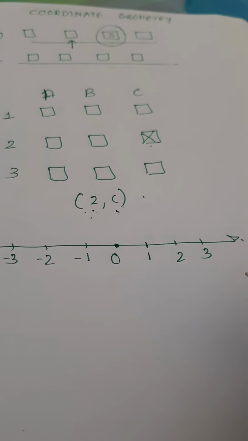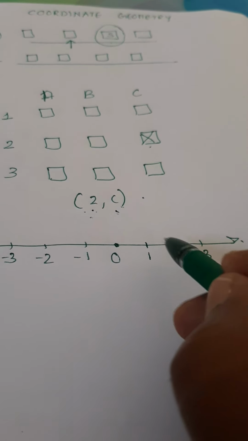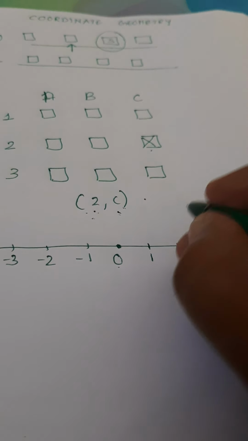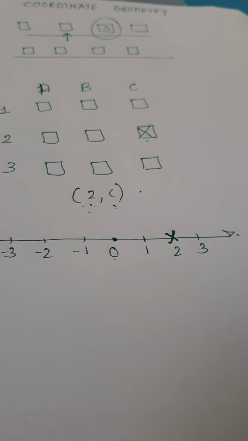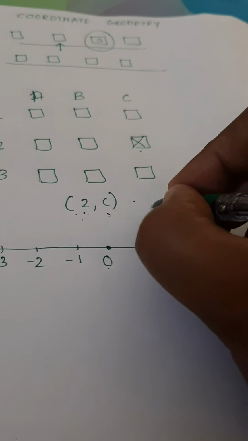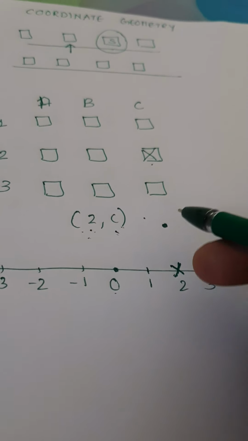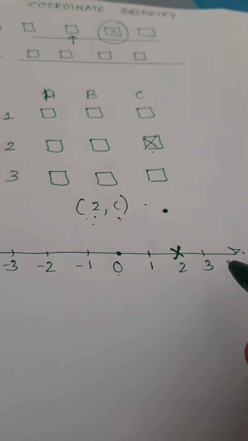Now if I have to plot a point +2, plus means with reference to 0 it would be in the right direction, and 2 means this point. So +2 will be this point. Now suppose I have my point located here. How will I identify the location of this point with respect to only one axis?